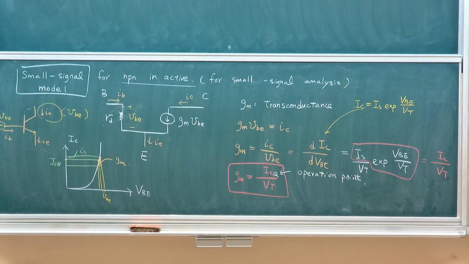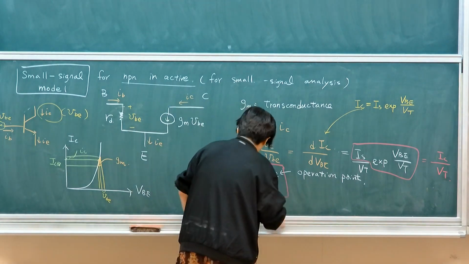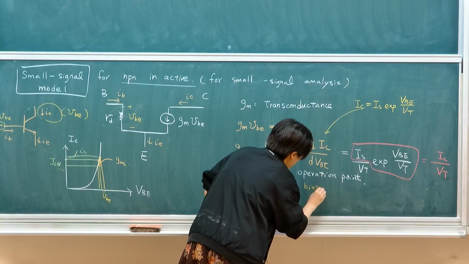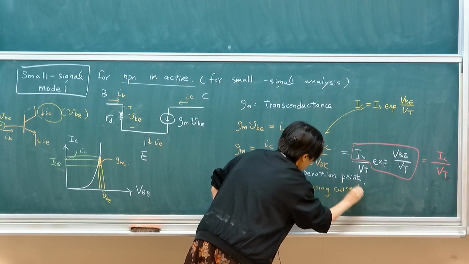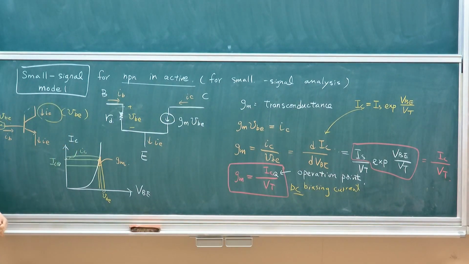So ICQ refer to our operating point, biasing current point. So ICQ is at operating point, or because it's current, so this is typically being determined by the biasing current. To be more precise, is the DC biasing current level.